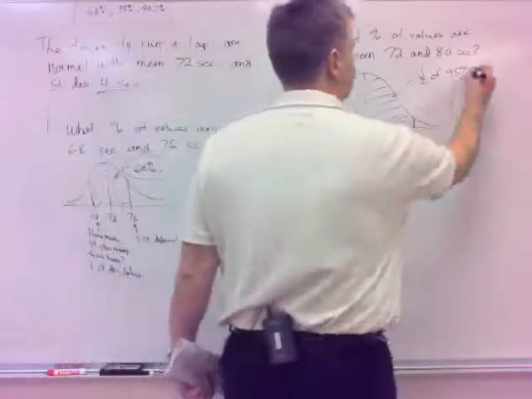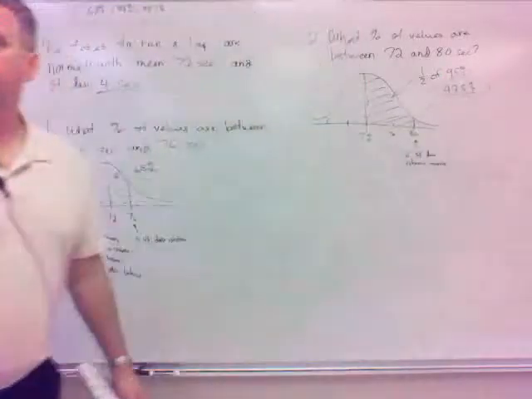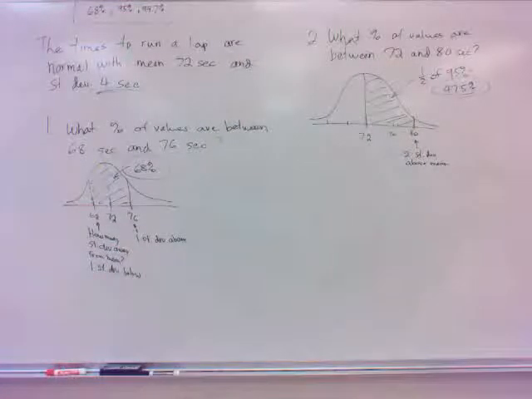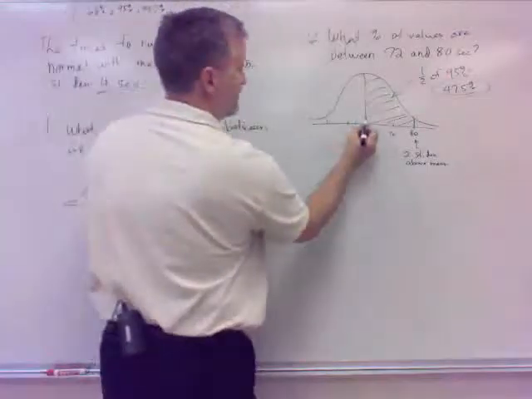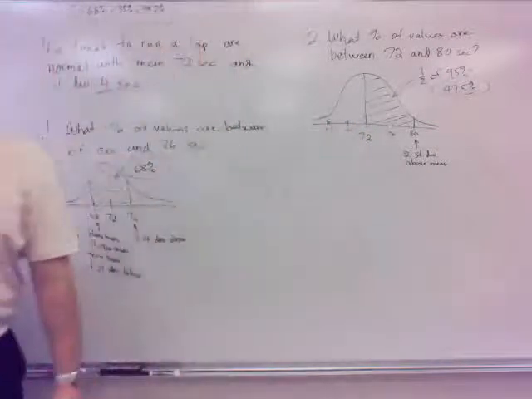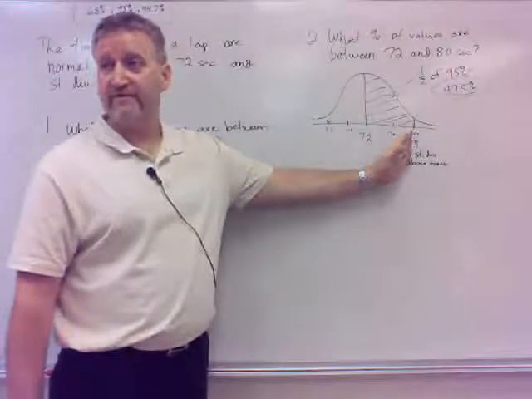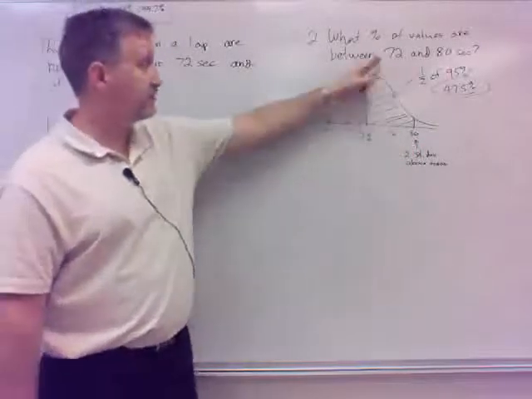What's half of 95? 47.5. If I wanted the full 95, what would this be? One would be 68, this would be 64. If I wanted the full 95, I would go from 64 to 80. You see? I'm only going from 72 to 80.